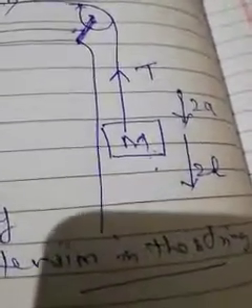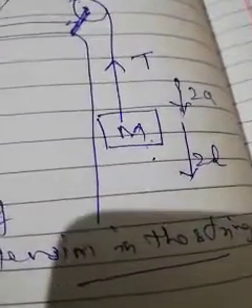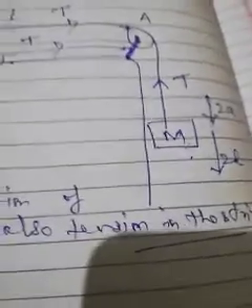Now we will write equations to solve this question. First, let us draw a free body diagram of this 2m mass.